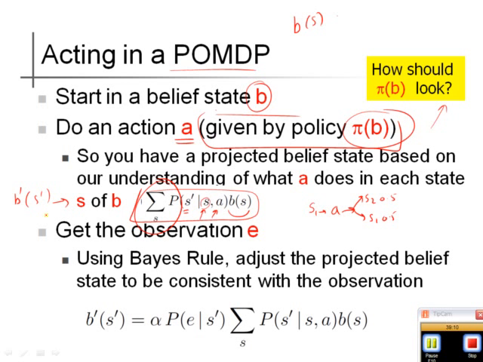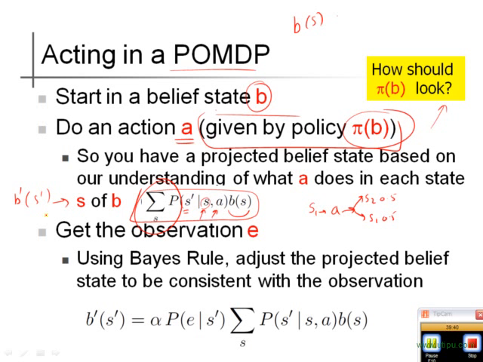There is still a lot of uncertainty left, because the new belief state B dash is still a distribution. For a belief state not to have any uncertainty, it has to be an impulse function, putting all its probability in one place. So this is where you will stop if you have noise.